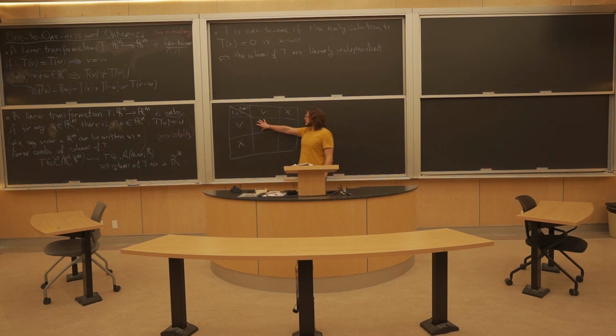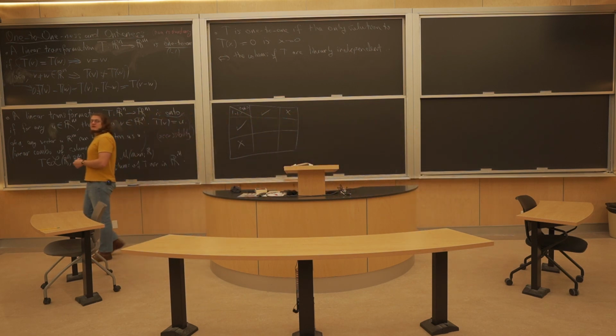So for instance, this box represents, I want to put here an example of a linear transformation or a matrix that is both one-to-one and onto. And here I want to put a linear transformation that is one-to-one but not onto. Could any of you give an example for any one of these boxes?